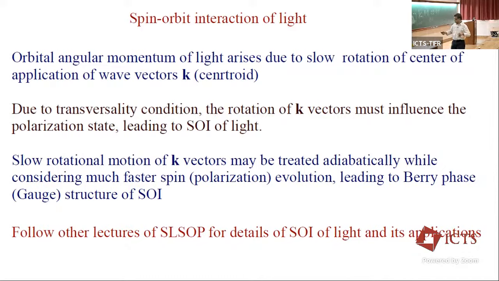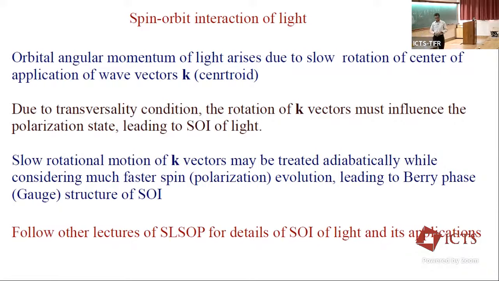The slow rotational motion of k vectors may be treated adiabatically while considering the much faster spin polarization evolution, and that gives rise to the gauge structure of the phase that Nirmalya will cover in detail. I'm not going into that; follow other lectures in this meeting for details.